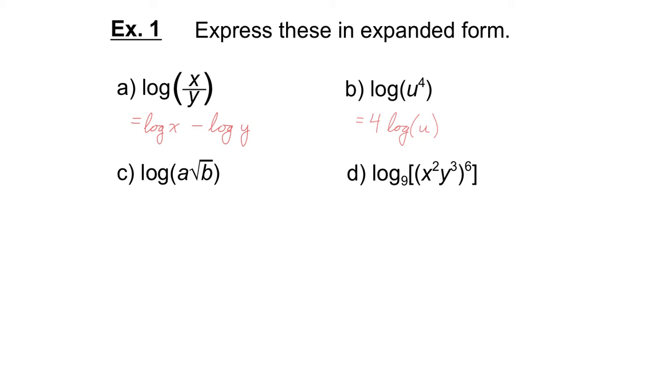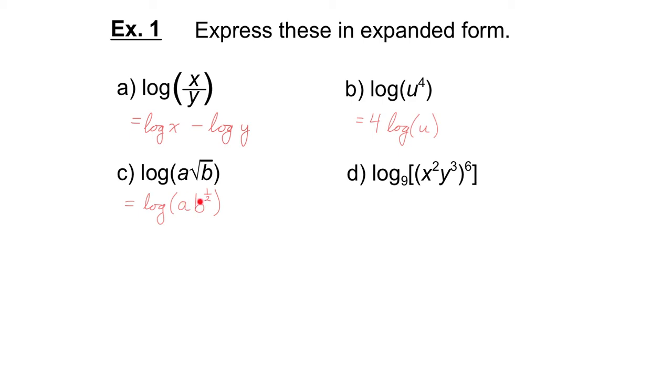All right, let's get a little more difficult here. Log of a multiplied by the square root of b. Now, we haven't seen a square root yet, but remember from our exponents unit, the square root is just an exponent of 1 over 2. So I can rewrite this as log of a b to the exponent half. Now in my logarithm, I'm multiplying two things, a multiplied by b to the half.